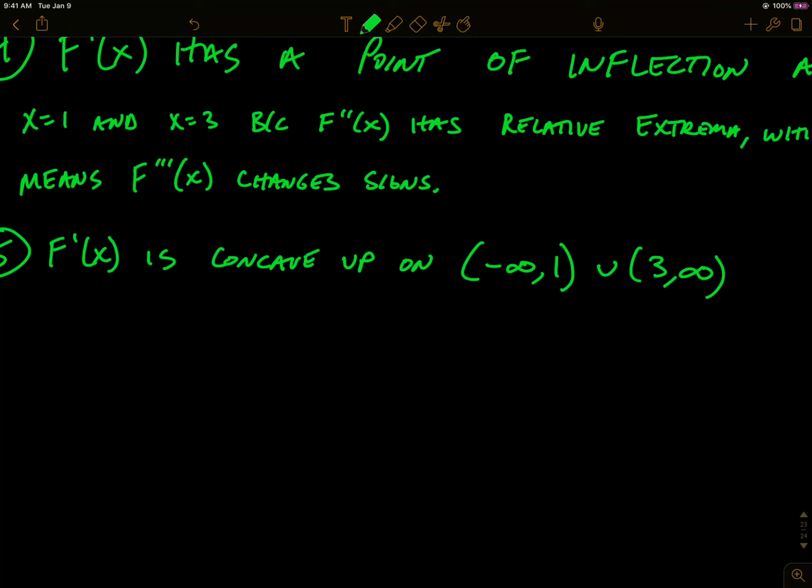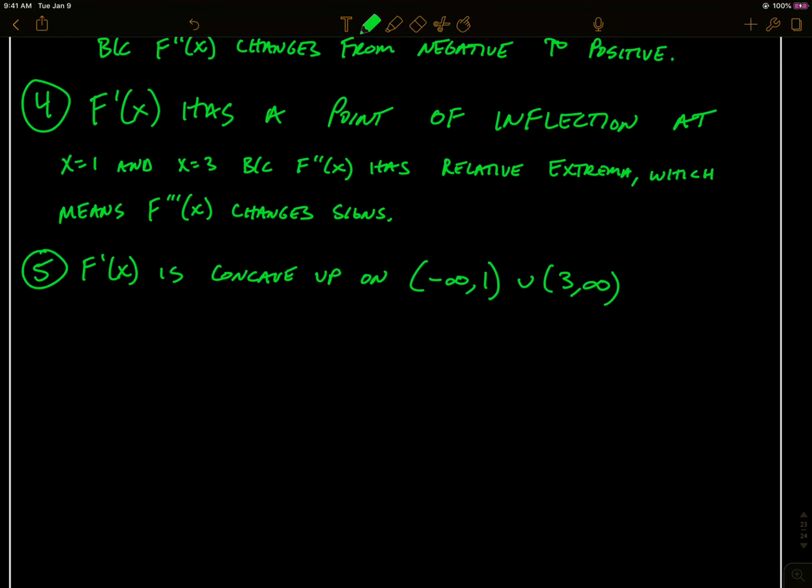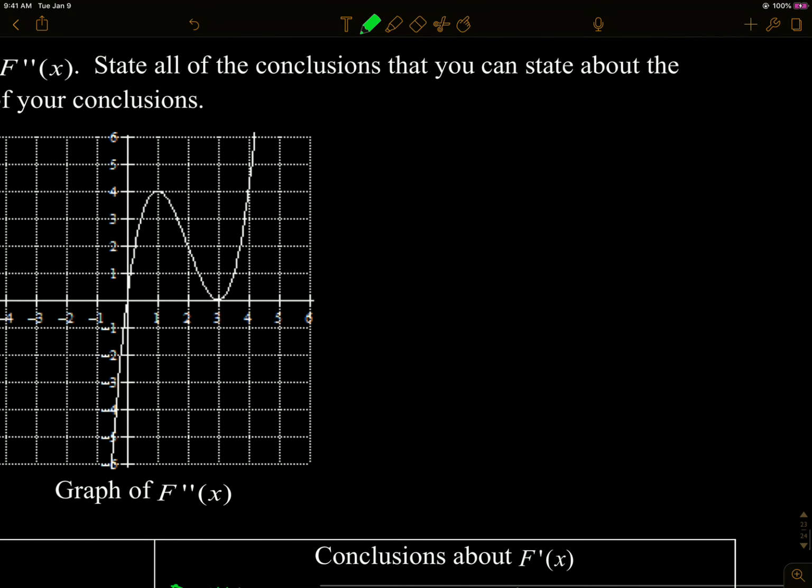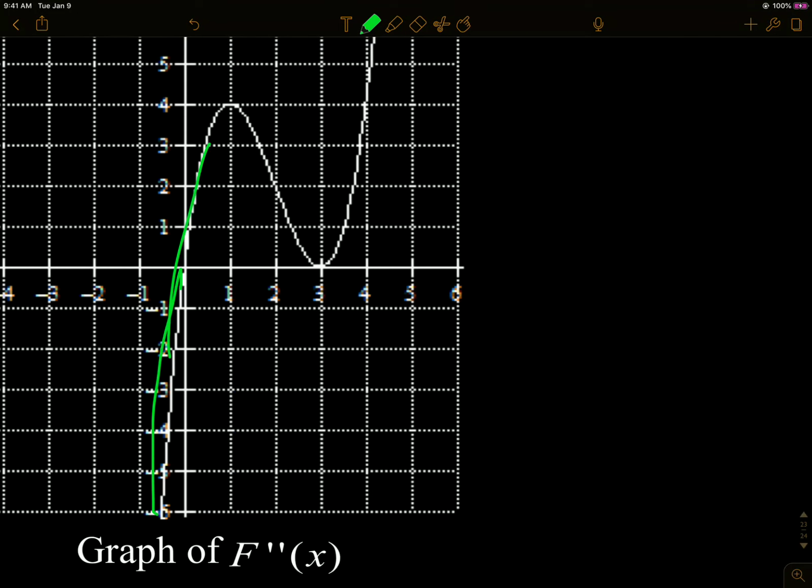So we can say something similar for when it's concave up and concave down now. The first derivative, f prime, is concave up on these intervals because the second derivative is increasing. So that's negative infinity up to 1, and then again from 3 to infinity.